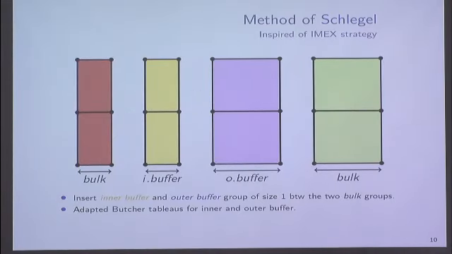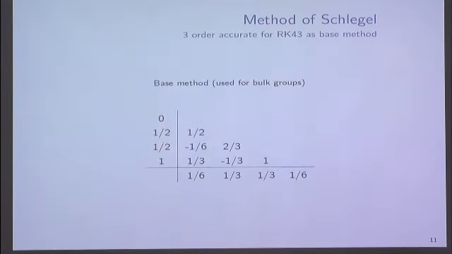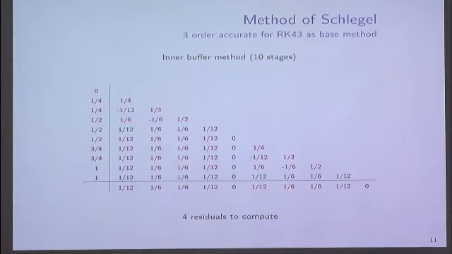For the method of Schlegel, we have an inner buffer and an outer buffer, and they are always both of size 1. And we use adapted Butcher tableaus for the inner and outer buffer. So the base method is the RK43 method. Actually, here I show in the buffer groups we have 10-stage Butcher tableaus, but the 10 stages are necessary to compute the interface fluxes.